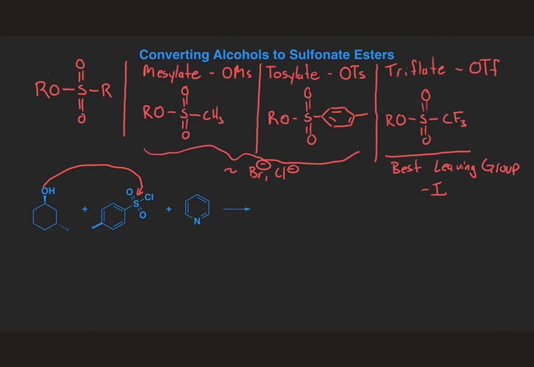And that's going to give sulfur too many electrons. And so the electrons in one of these oxygen sulfur double bonds is going to kick up and go to that oxygen. And that's going to give us an intermediate like so.